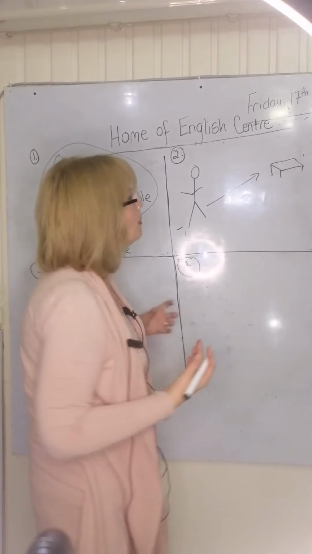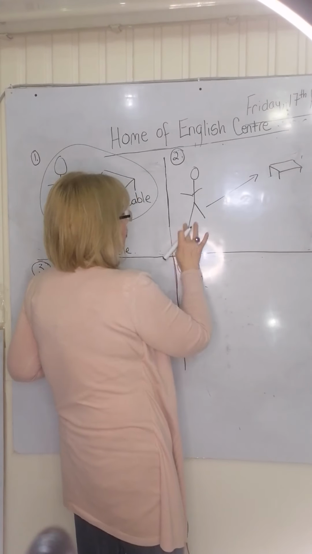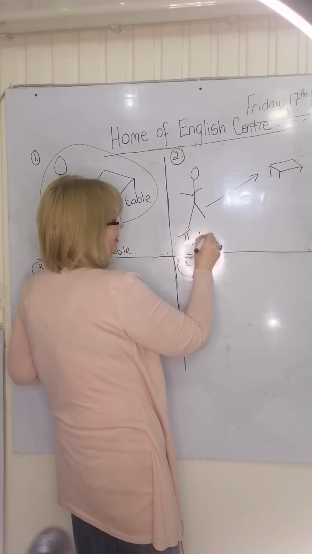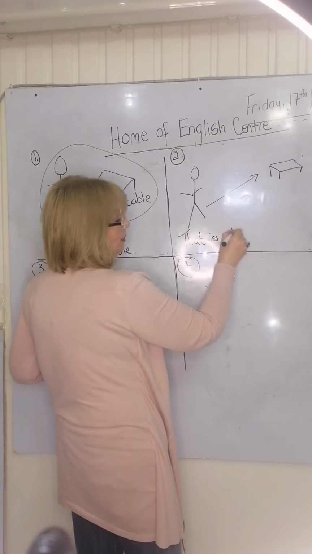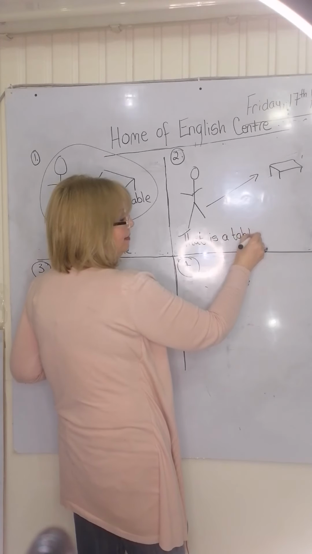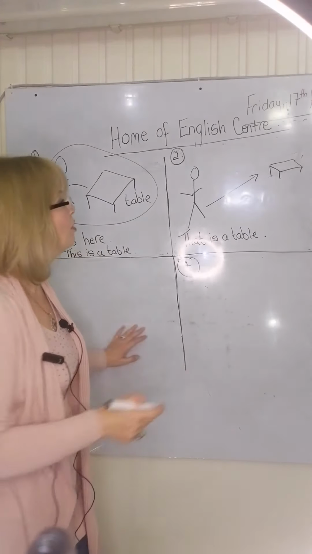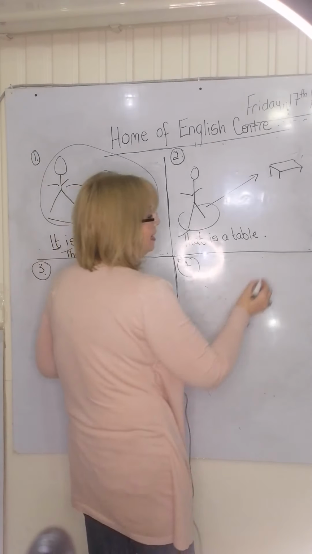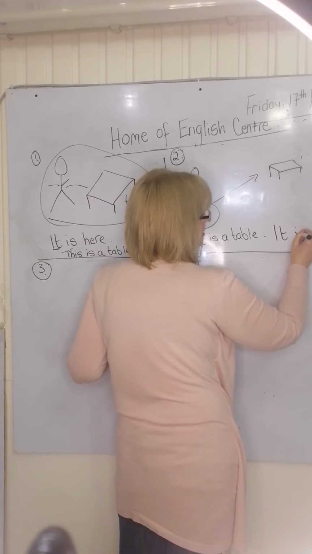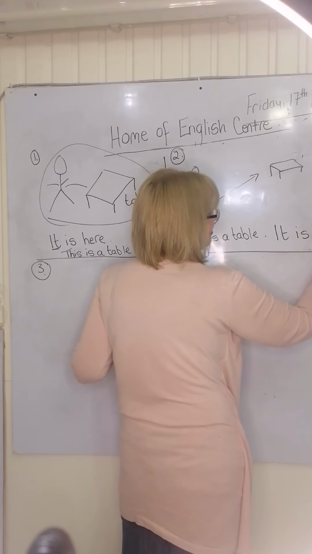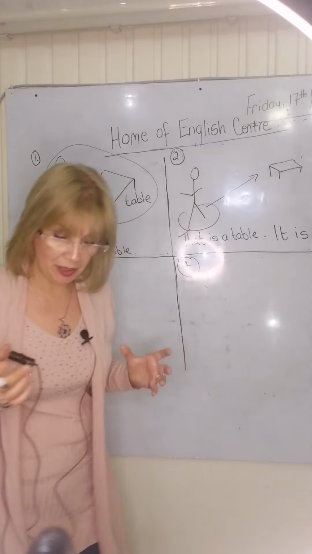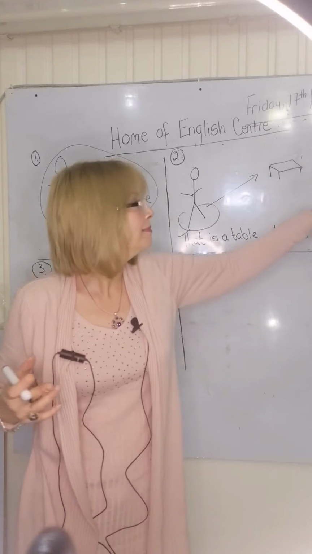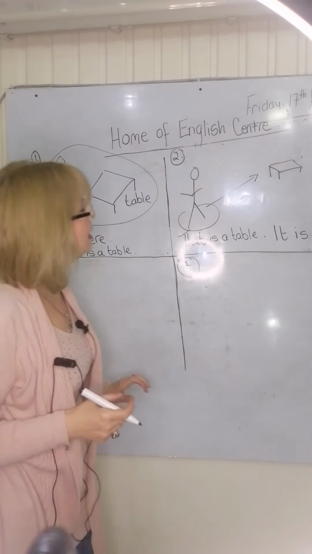It's still a table, but we can now use that is a table, because it's far. It's not in the same space as John. That is a table. It is there. So exactly the same way you would do it with people or the birds, same with things. So the table is there.